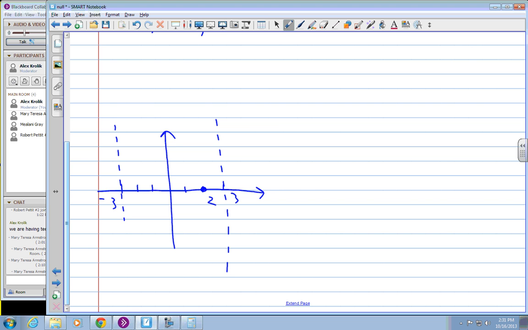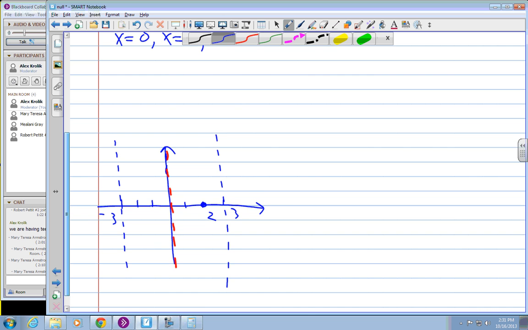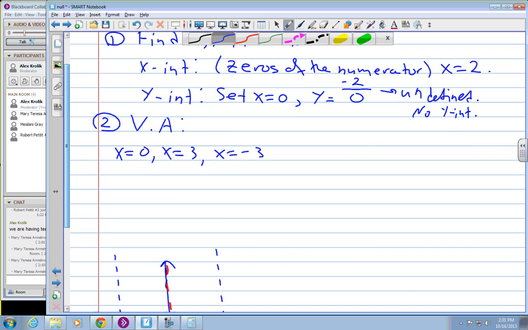One goes through negative 3. And the actual y-axis, the y-axis is also a vertical asymptote. And this is one of the reasons why we don't have a y-intercept. You cannot intersect the asymptote. Is that okay? All right.